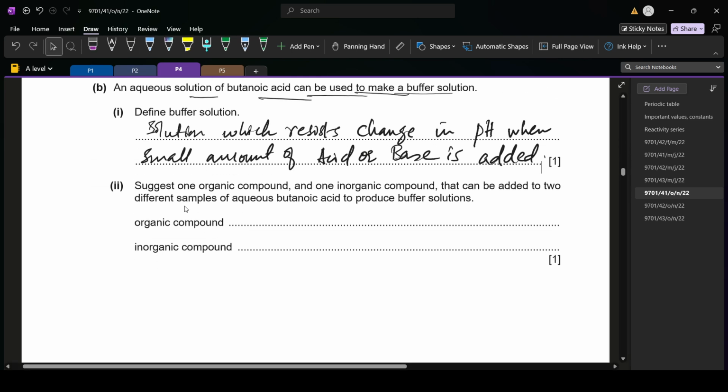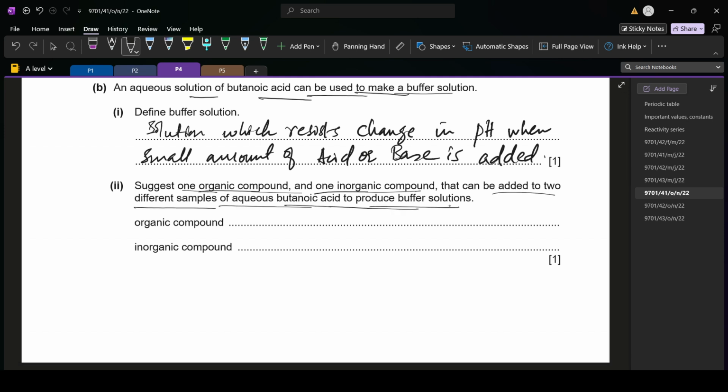Now moving towards the next part. Suggest one organic compound and one inorganic compound that can be added to two different samples of aqueous butanoic acid to produce a buffer solution.